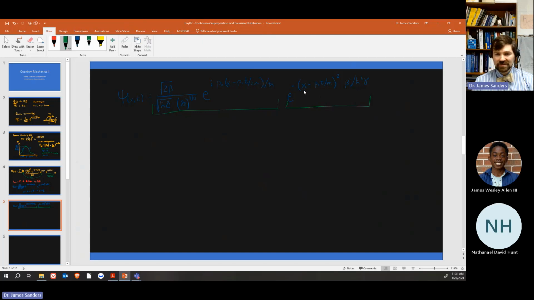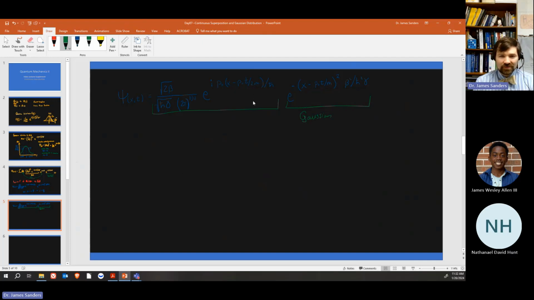Except for that, this is now like x, and this is like your x bar, which is p naught over m times t. So this portion right here is the Gaussian part of our Fourier transform. This right here is basically giving us phase.